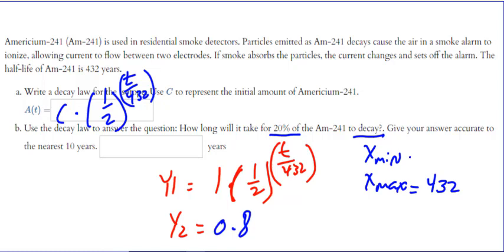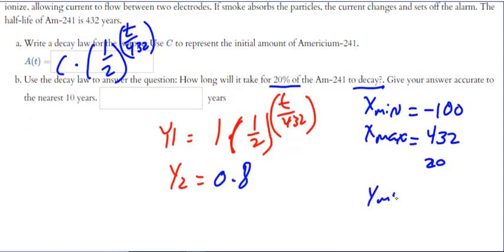And then I'd go, I don't know, negative 100, I guess, and then you could step it by 10 or 20, it doesn't really matter. And I'd keep my y min, y max, negative 0.5, 1, and then step it by 0.25. Okay, and you can find the answer from there.